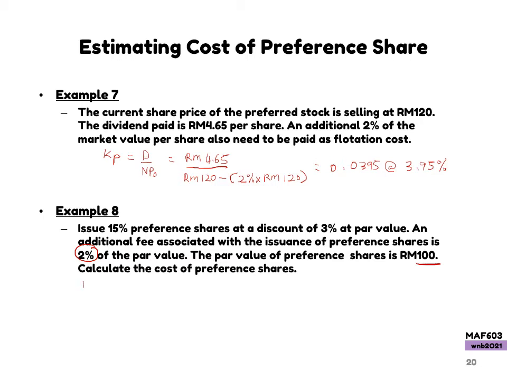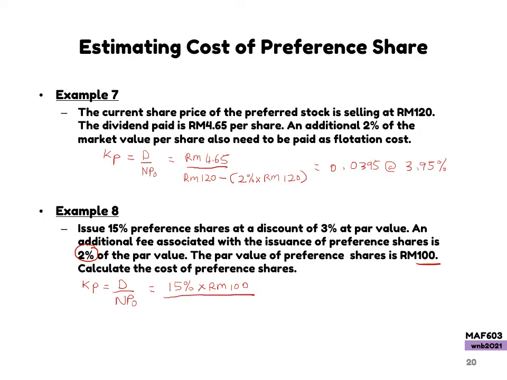So in order to find the KP, we need to find D, dividend, over net price. So how to find the dividend? Dividend is 15% of the par value. They are going to pay dividend of 15% of par value over net price.